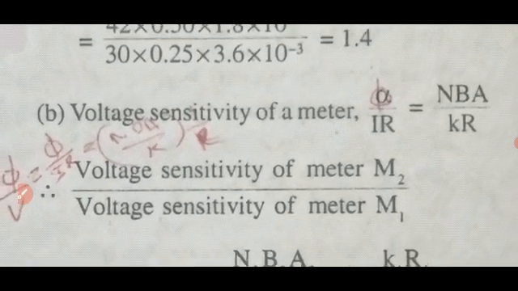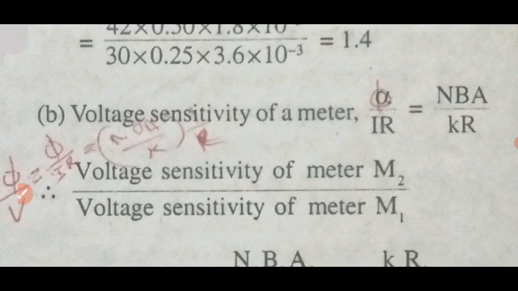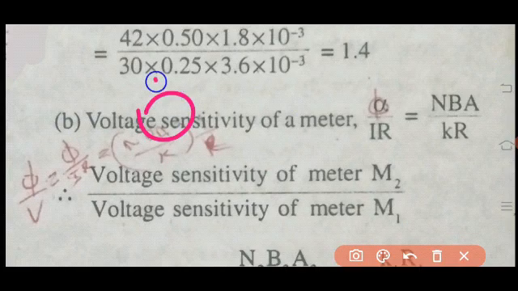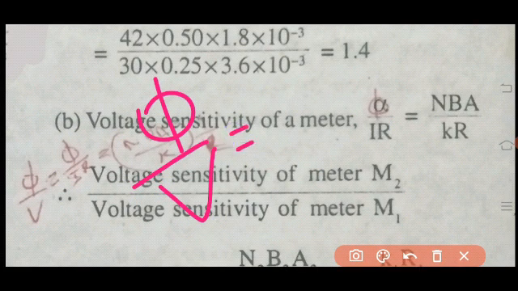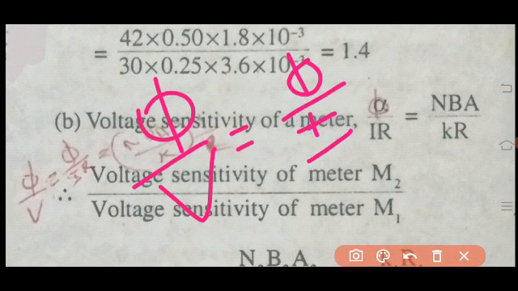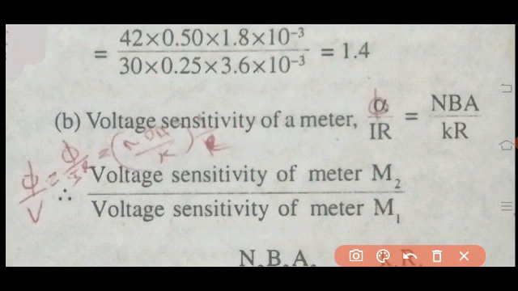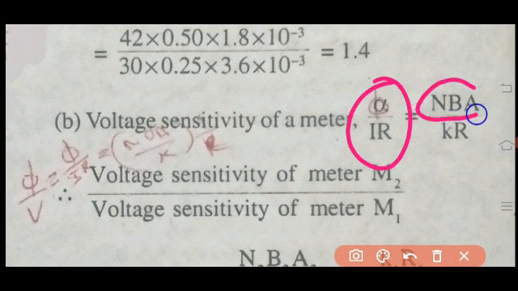So we should know the equation for voltage sensitivity: phi by V. In the previous section we got current sensitivity, phi by I. Just multiply by R, and I times R is nothing but V. Therefore we can write this as phi by IR, that is NBA by K into R.